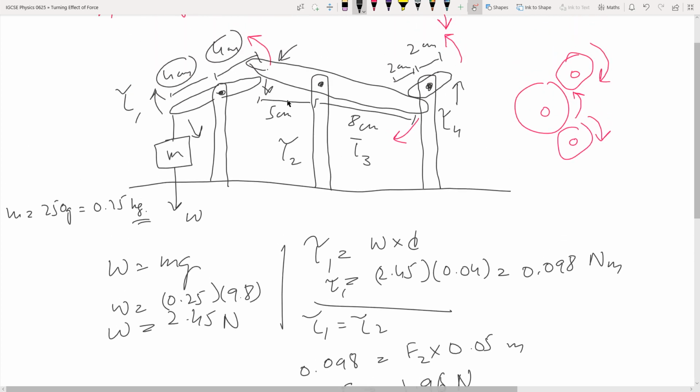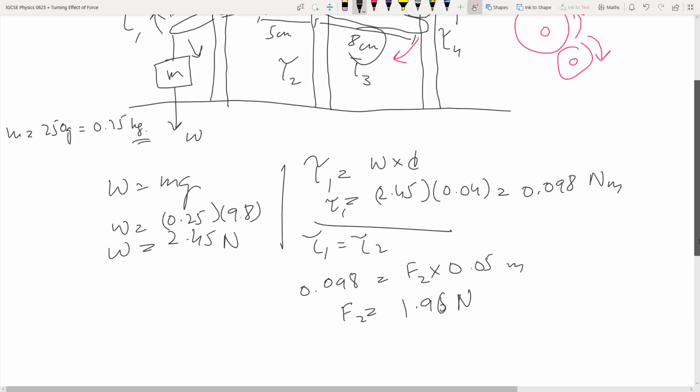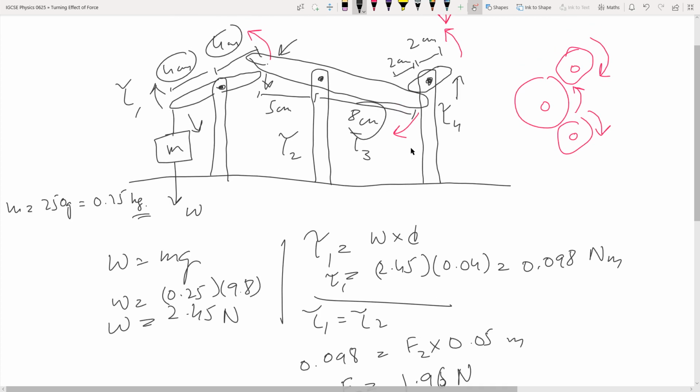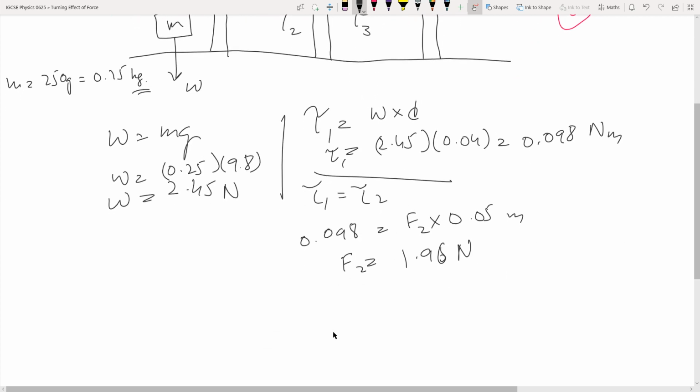Now that is for this end. Remember, that is supposed to equalize for this as well, right? So we need to understand that the torque is again going to be the same for this bar, so we're just going to equalize this, that the force is again going to be equal and the torque is going to be 0.098, right?